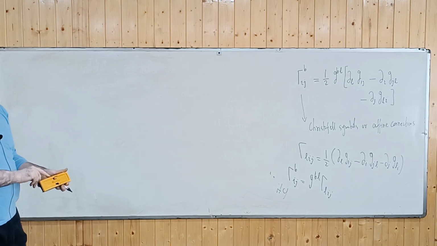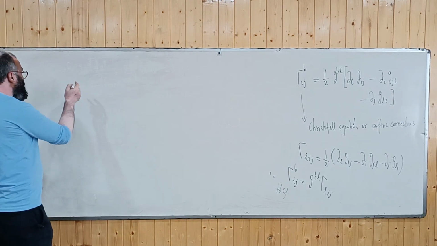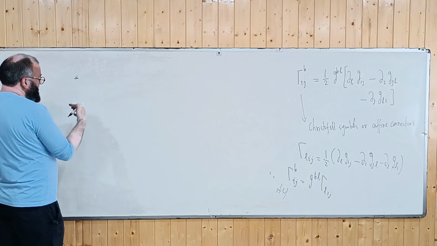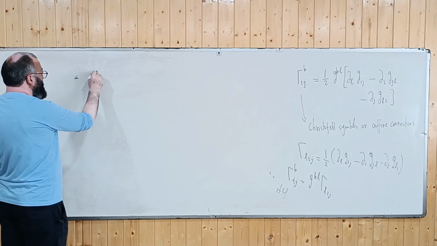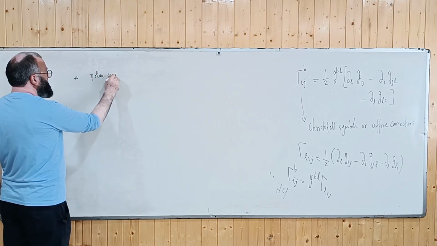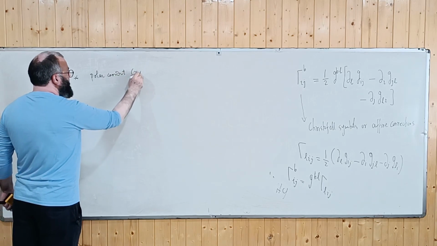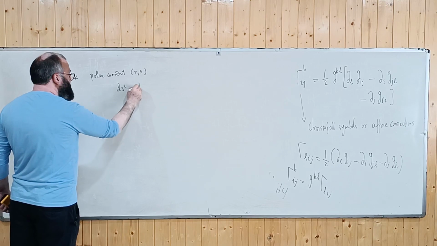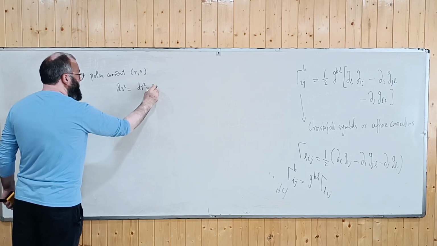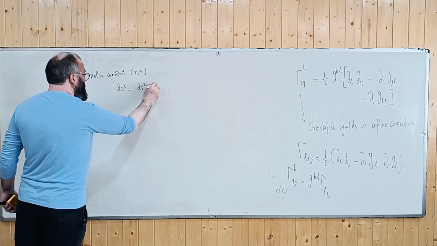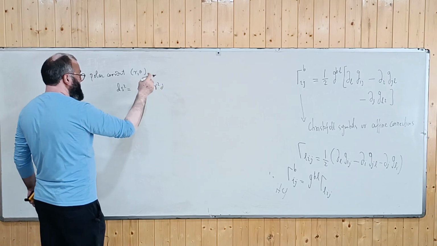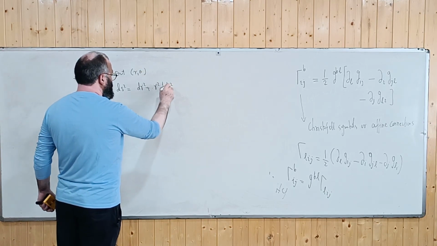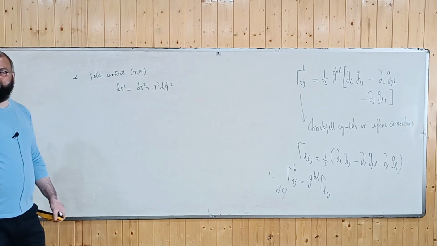So let's take a 2-dimensional space, in polar coordinates. I am having polar coordinates r, theta in a 2-dimensional plane. What is our ds square? So I need to know the matrix. It is dr square plus r square d theta square, in the polar coordinates.